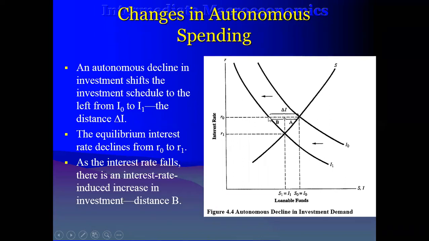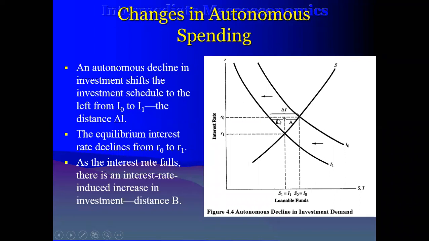The initial decrease was this distance from this point to this point, if we add both A and B from here to here. But because the interest rate couldn't stay at R0, it has decreased to R1. As a result, there's a small increase in investment from this point to this point. That is the B that we have here.